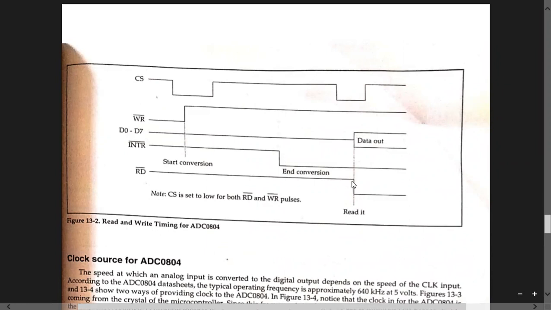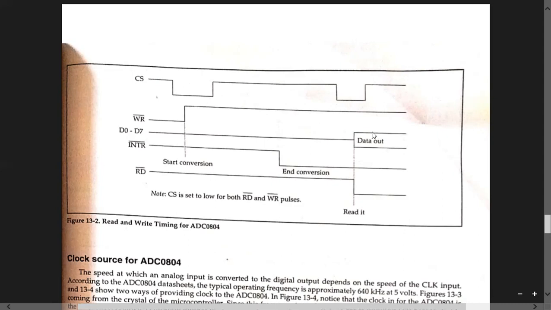We are making the RD pin equal to 0. RD is nothing but read. When the RD pin is low, when we are reading it, the data is taken out.